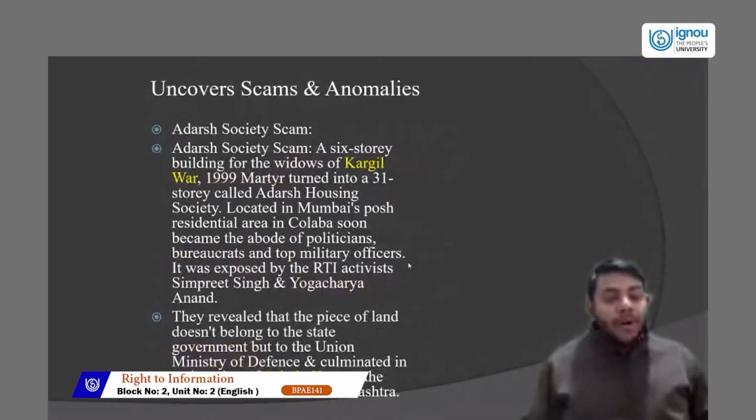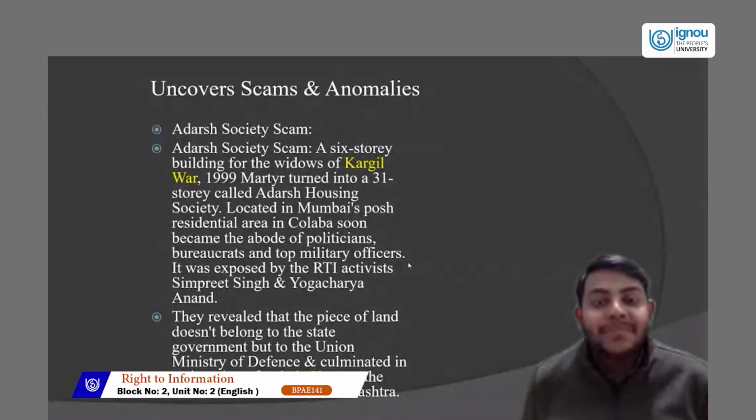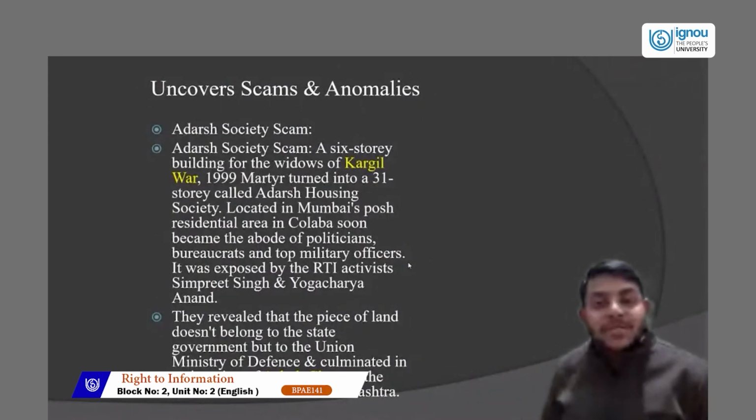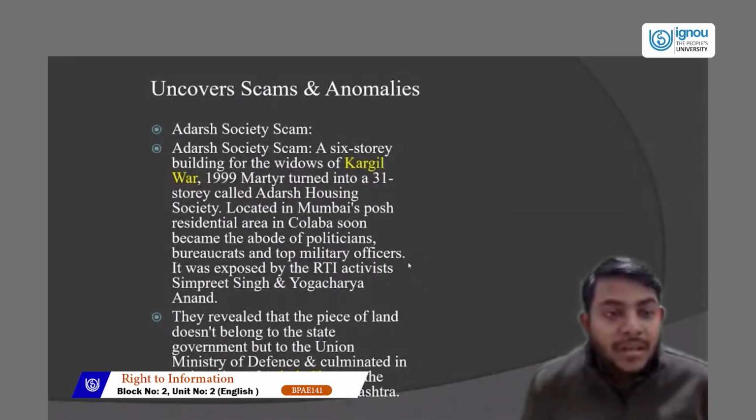And a very important role that this RTI has played is to uncover the scams and anomalies of the government. So the Adarsh Society scam is one such scam which was unearthed by this RTI, right to information.